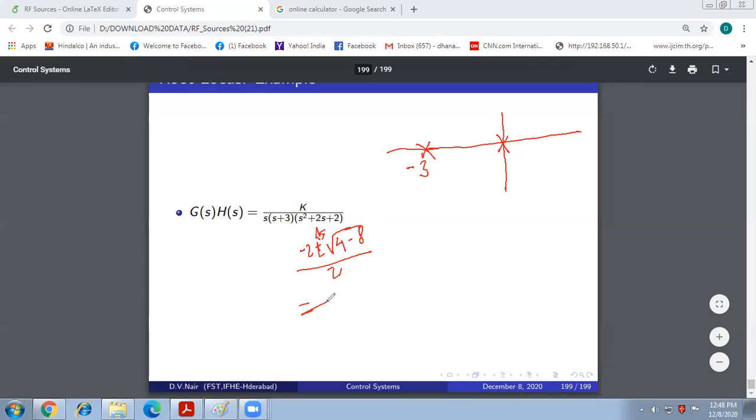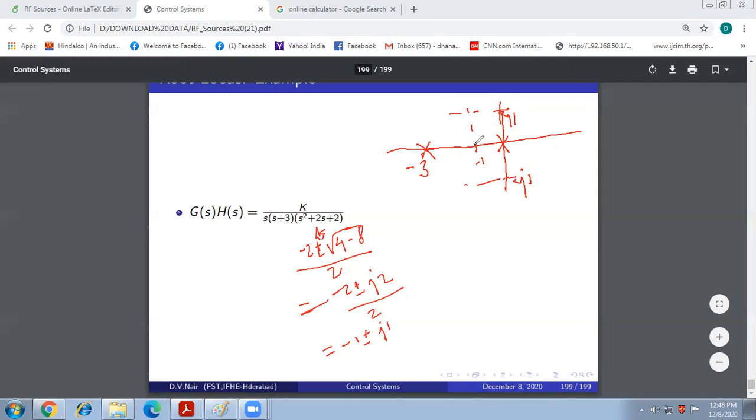So it will be -2 plus minus j, and the square root of 4 is 2, divided by 2, so it is equal to -1 plus minus j1. So if here you have -1, and here you have j1 length, and this is minus j1 length, then you will have something like this.